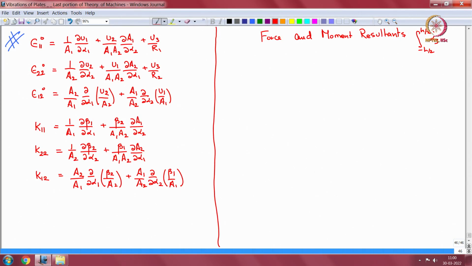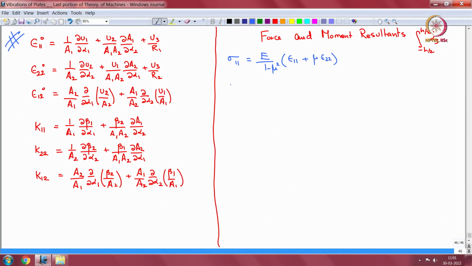So we have sigma 1 1, let us see, sigma 1 1 given by E by 1 minus mu square. I am writing them all in one page, so I can come back to retrieve.